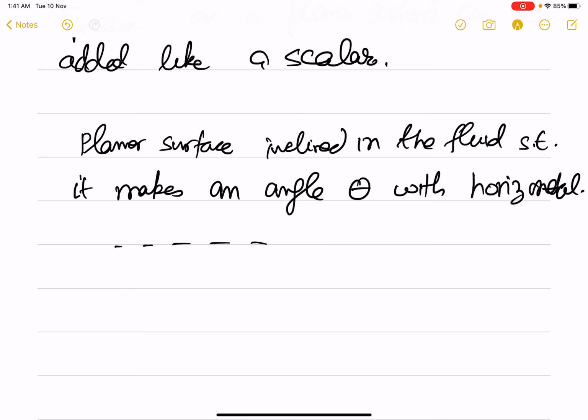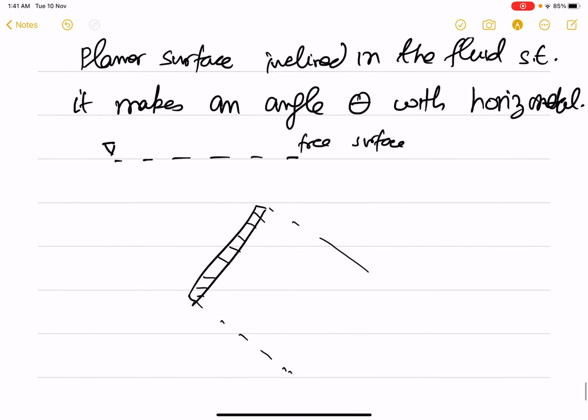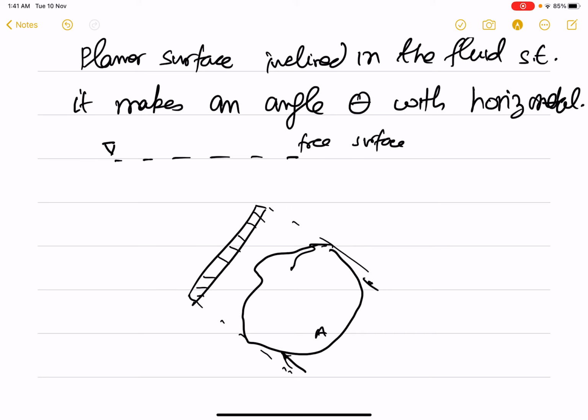So this is the free surface, and this is the surface which we are talking of. If I look at the view of this surface from this angle, then it has some area A. In case this is a rectangular surface, then this area A will be a rectangle.